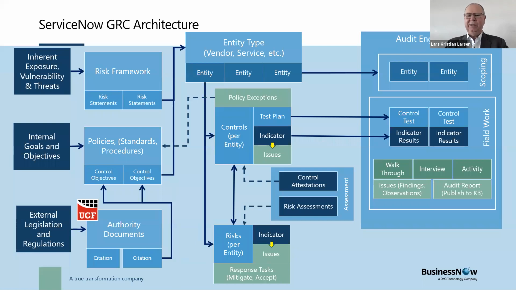So when we have an audit, a walkthrough or interview, or looking at the actual tests that the controls have been put into place and the indicator results that are part of that control, then everything is more or less at your fingertips.